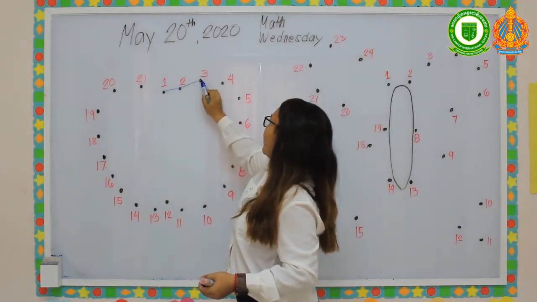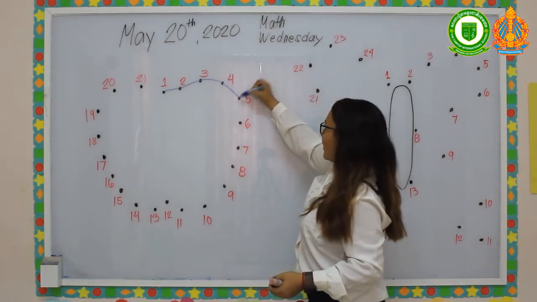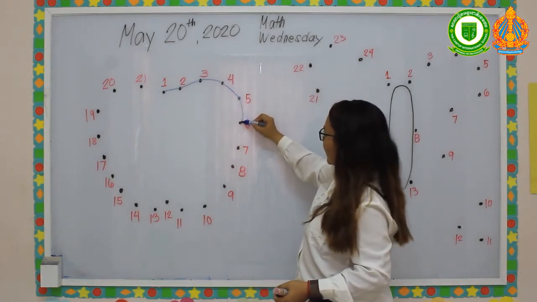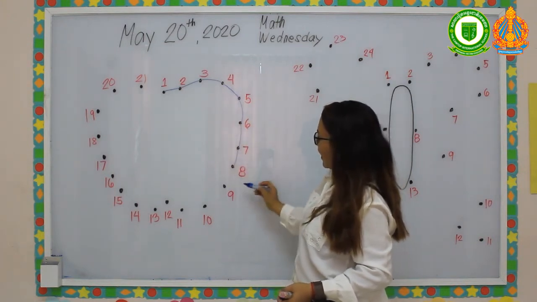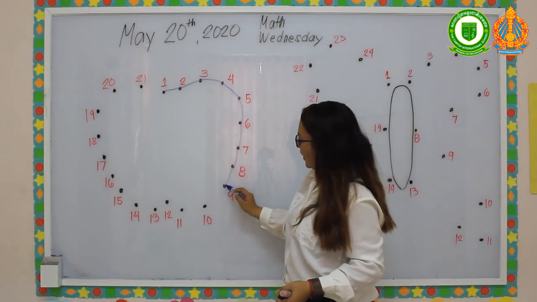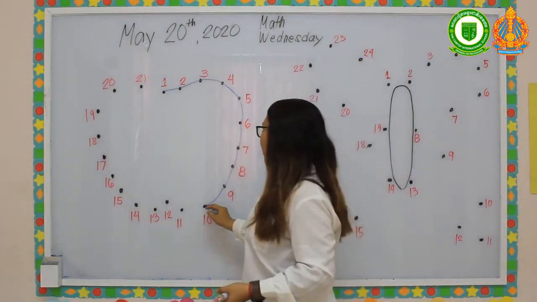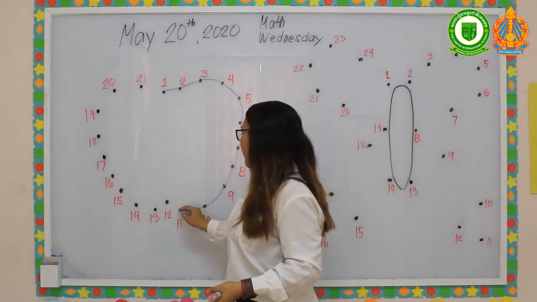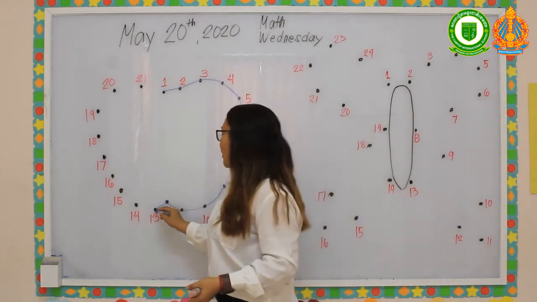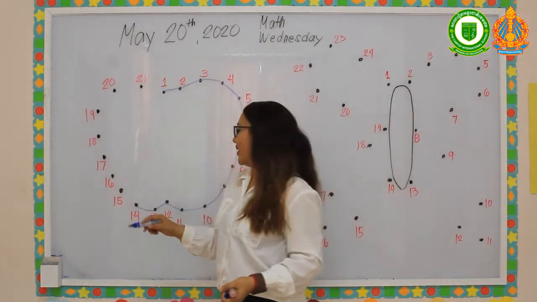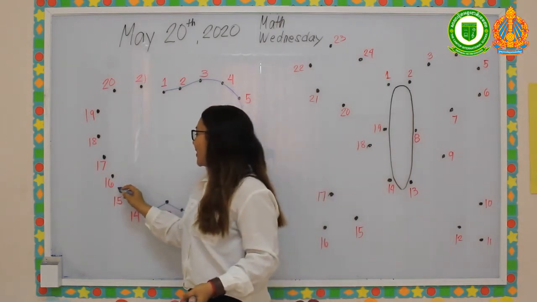3, 4. This is easy. 5, 6, 7, 8, 9, 10. Use your finger, kids. 11, 12, 13, 14, 15, 16.